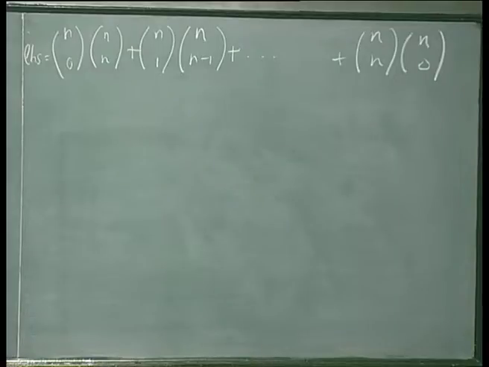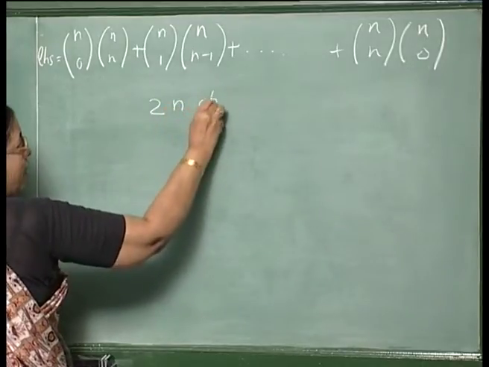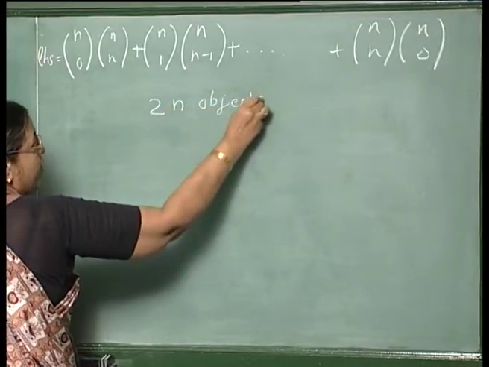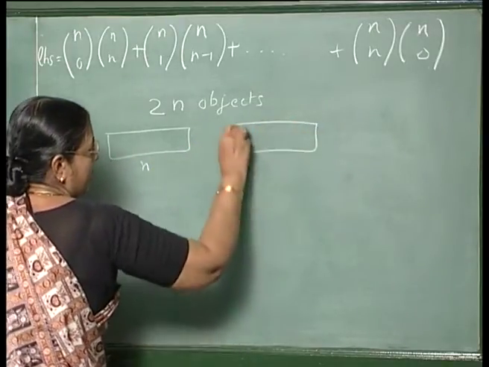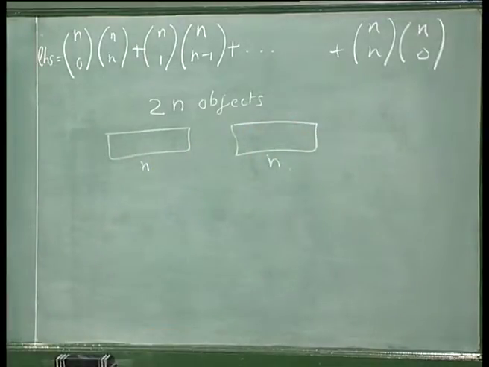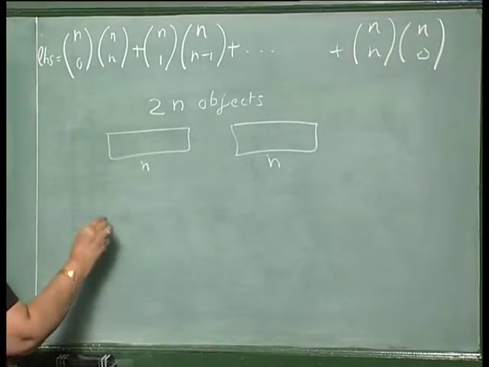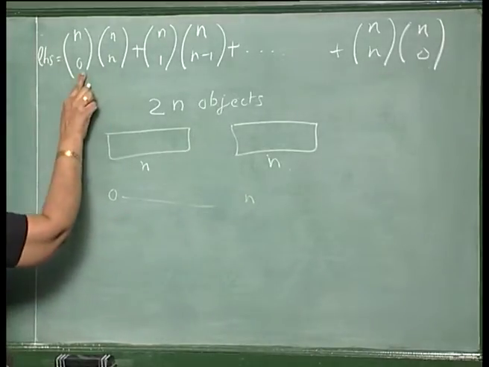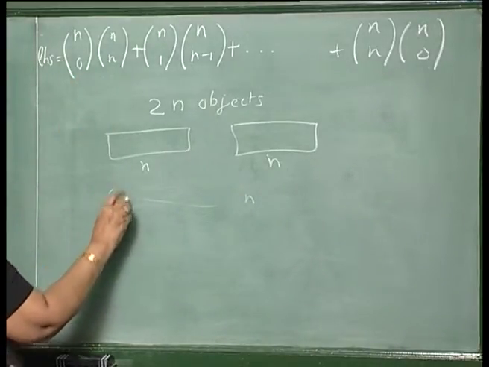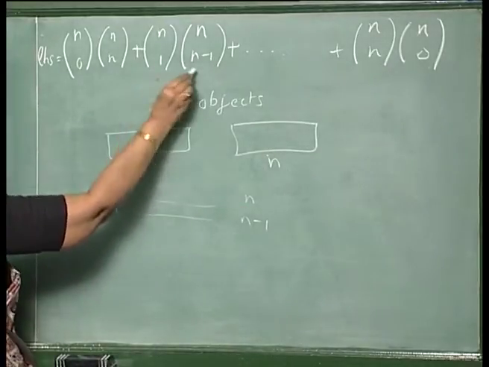By a combinatorial argument, what does this represent? You have 2n objects and you separate them into two sets of n objects. Now I want to choose n objects out of 2n objects. I can choose 0 from here and n from here, which is given by this expression, or I can choose 1 from this set and n minus 1 from this set, and that is given by this.